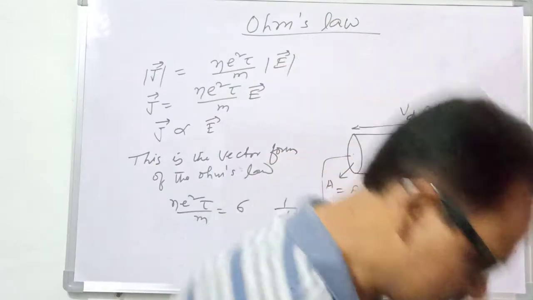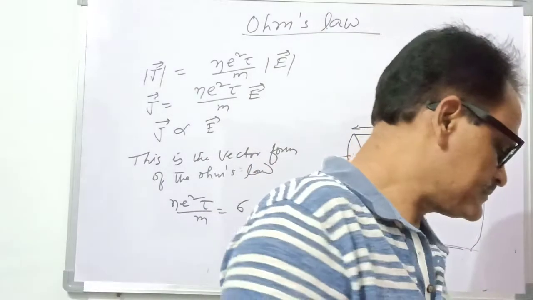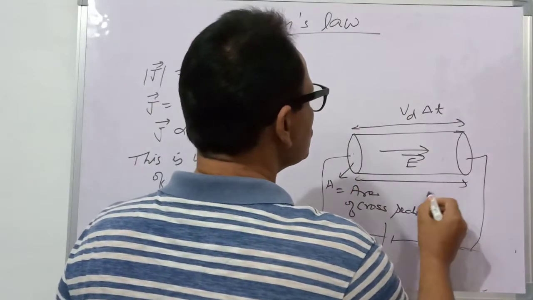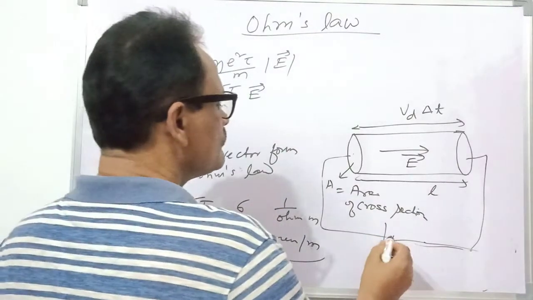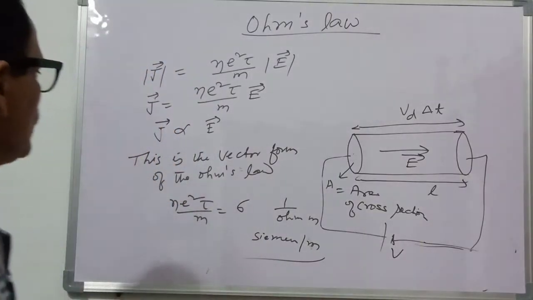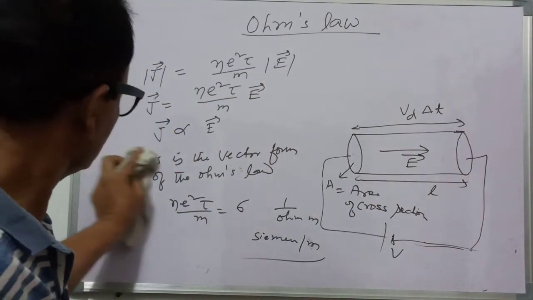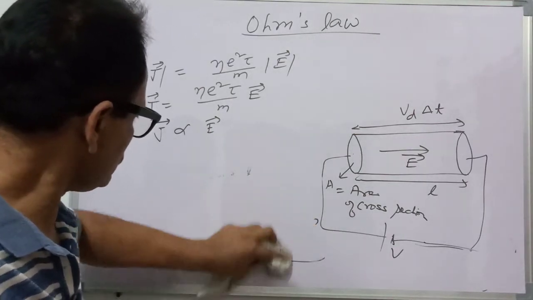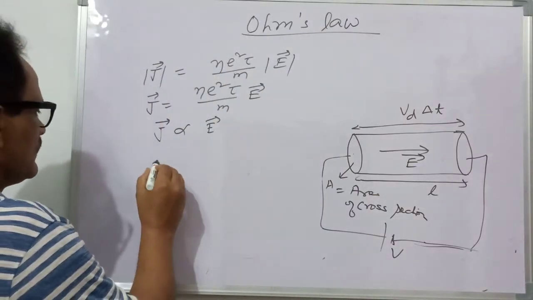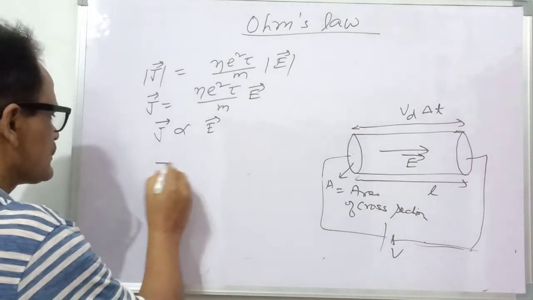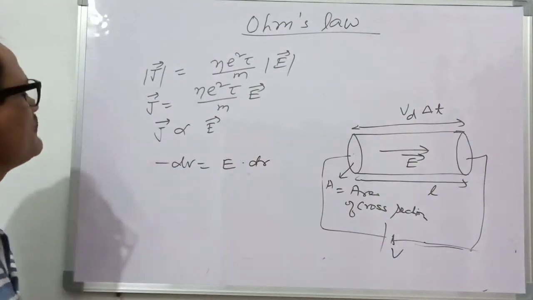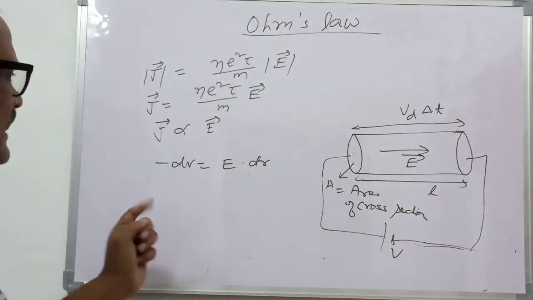Now we will discuss the general form of Ohm's law, and for this, suppose the length of this conductor is L, and the potential difference provided by this cell is V, and then you know that E, minus dV is E into dr. The minus sign is because potential difference will decrease in the direction of electric field.